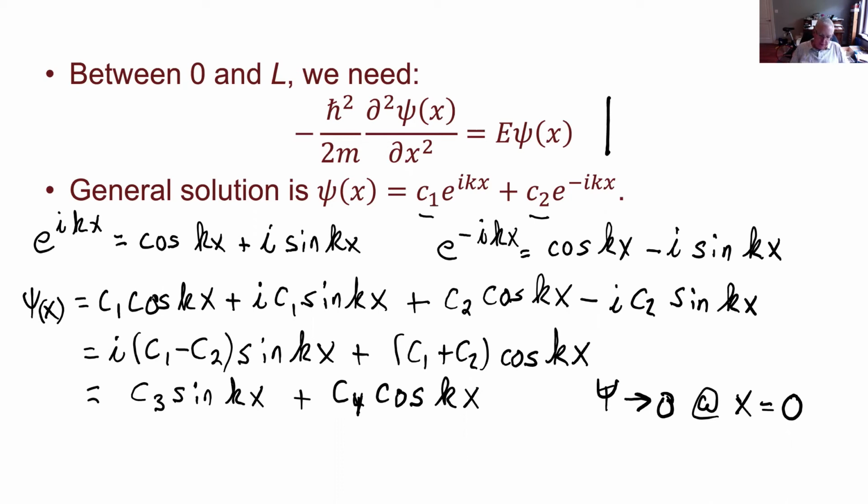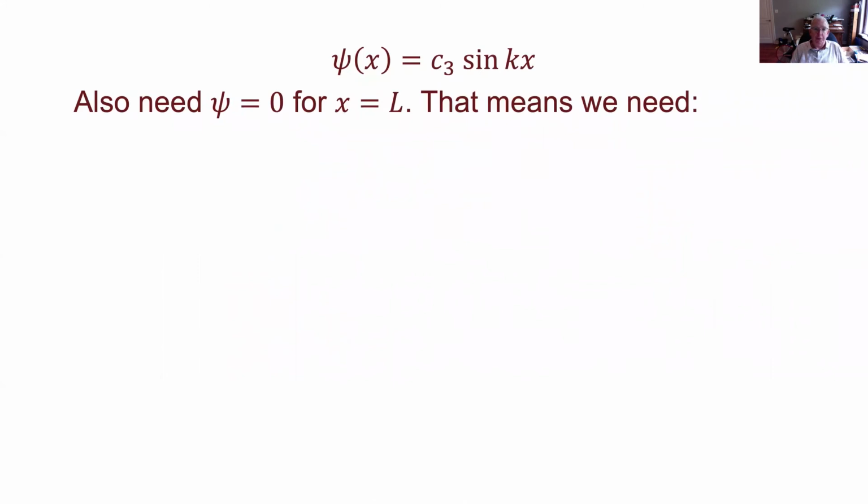So this piece has to vanish. I'm left with this as what's left of my wave function, a sine function with kx as its argument. Let's pick that up and take it with us over here.